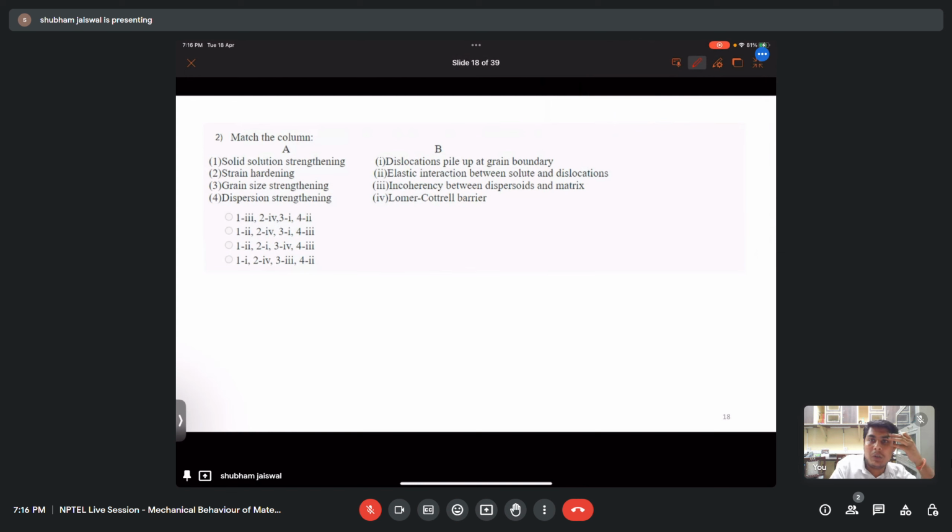So match the following. You have some concepts in A and their reasons given in B, and you need to match. In section A, they have given different strengthening mechanisms, and in B, they have given how the dislocations will interact in that strengthening mechanism.